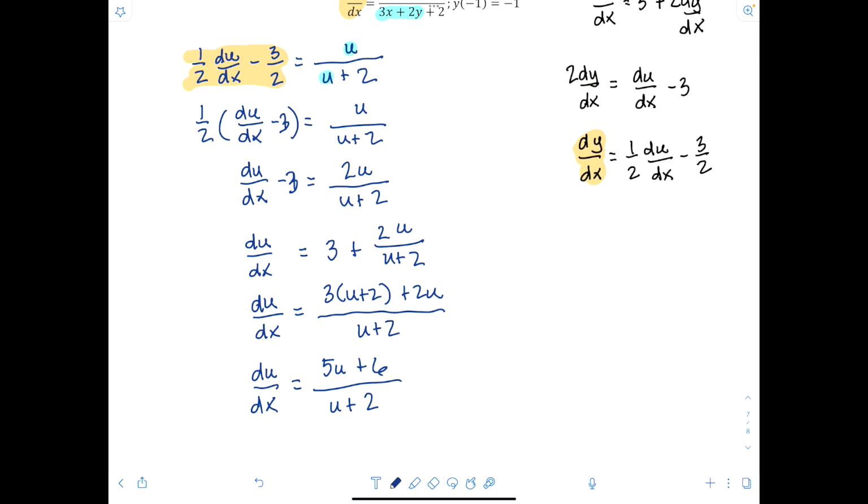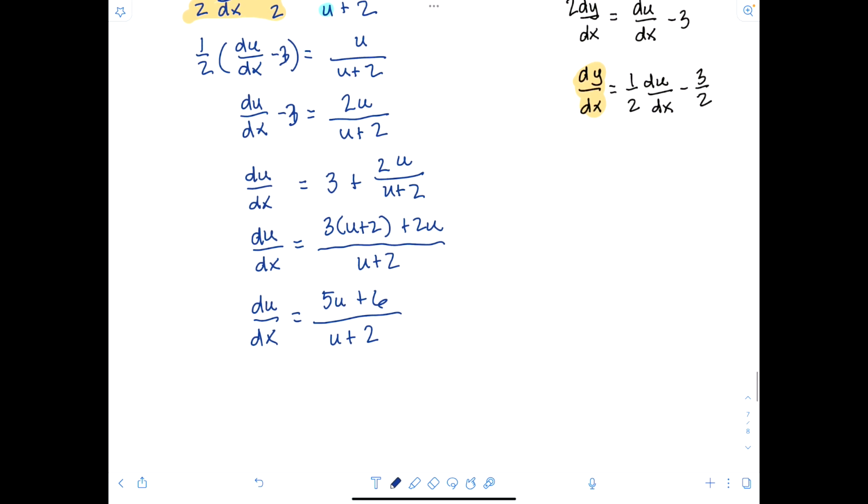Cool so far? Now, let's go ahead and separate the variables. So now we'll get u plus 2 over 5u plus 6 times du is equal to dx.